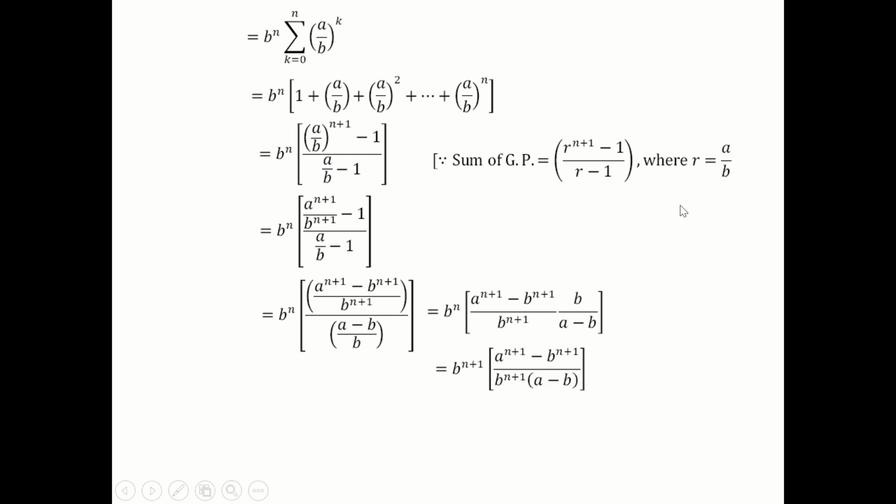So b power n plus 1, a power n plus 1 minus b power n plus 1, because we are taking that b outside: b power n into b is b power n plus 1. So the numerator is a power n plus 1 minus b power n plus 1, and the denominator is b power n plus 1 into a minus b.